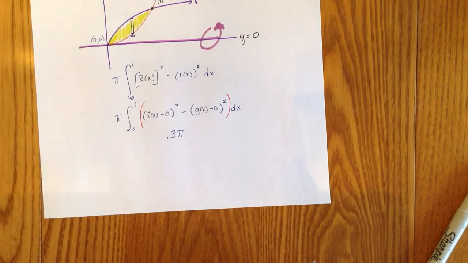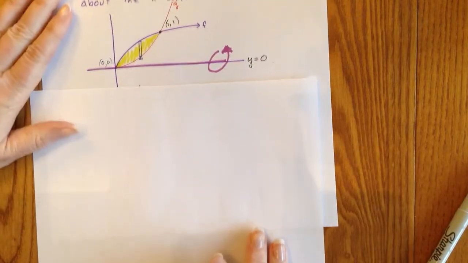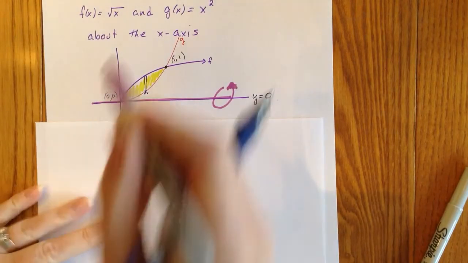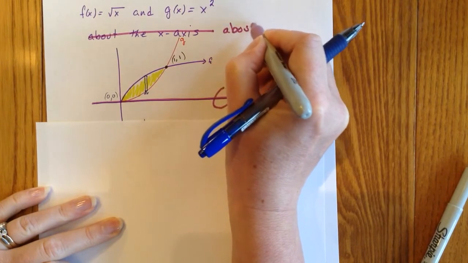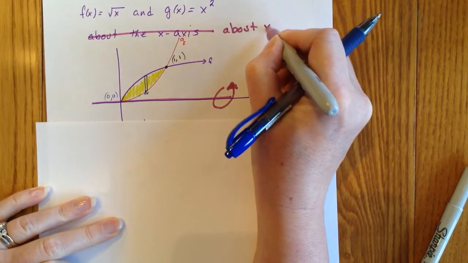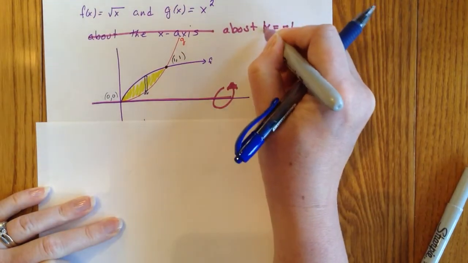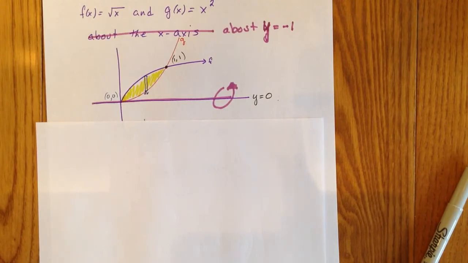All right, now here's what we're going to do. We are going to change the axis of revolution just to mess with you. All right, same region, but now let's pretend that we are going to spin this about the horizontal line y equals -1.